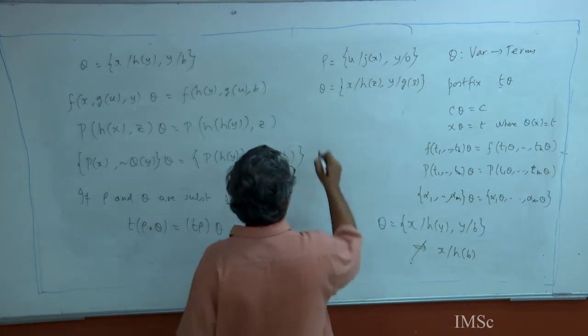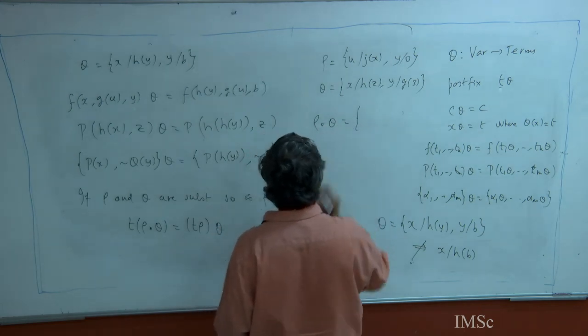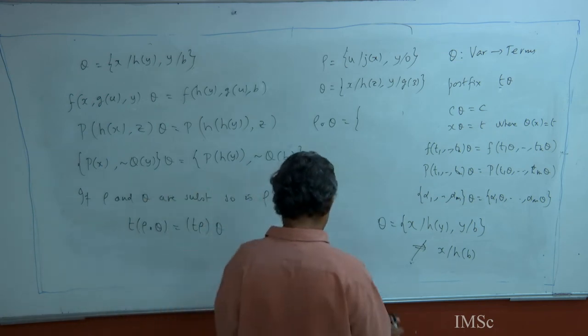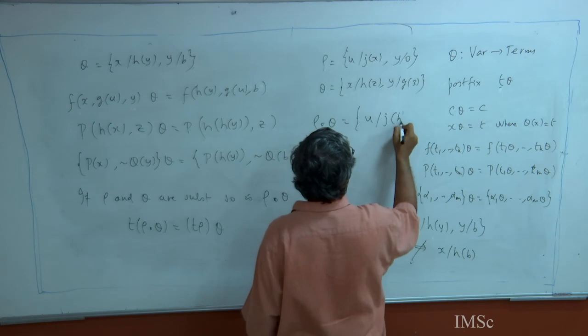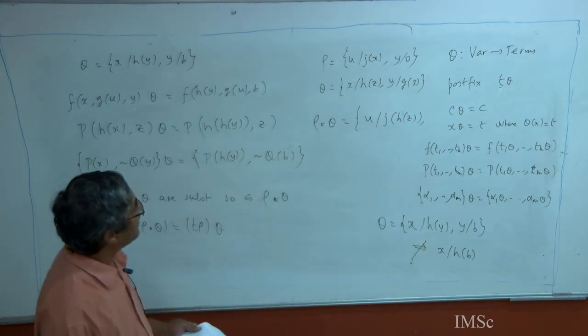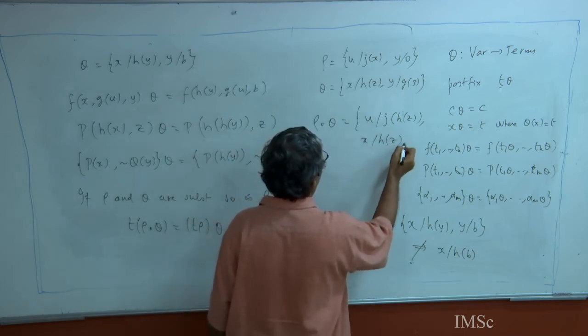But the main point is that when I now do rho composed with theta, I first apply rho, and then on the resulting one I apply theta. So u will be replaced by j of h of z, and x is going to be replaced by h of z, there is no change.